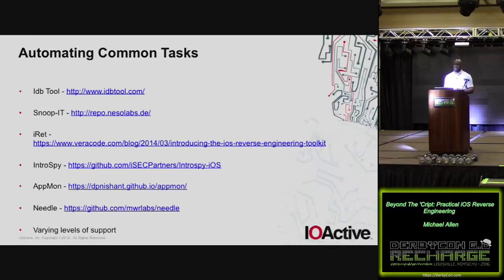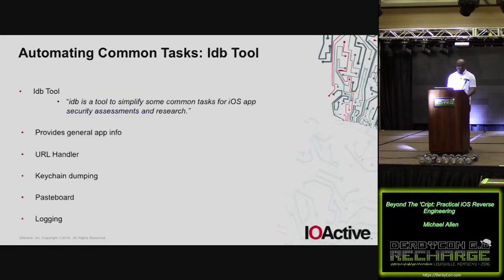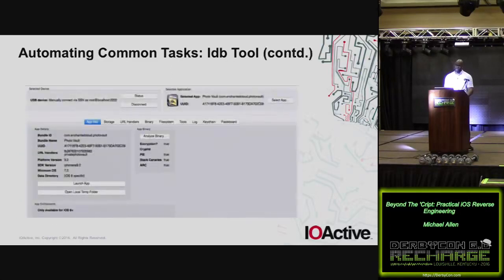So, for example, Snoop-it is no longer supported. And so the one that's interesting is Needle. This was released just recently at Black Hat. And so the example here is shown of iDB tool, logging, keychain dumping, provides just general app info. And pretty much looks like this, right?